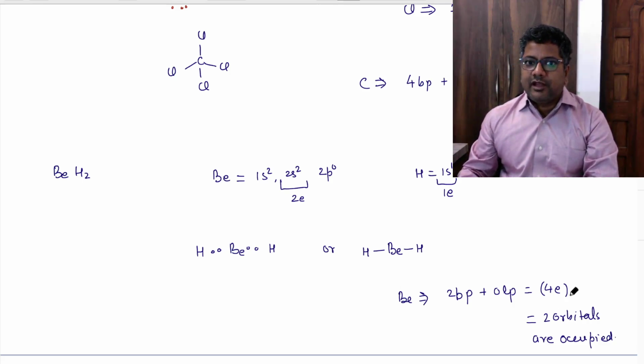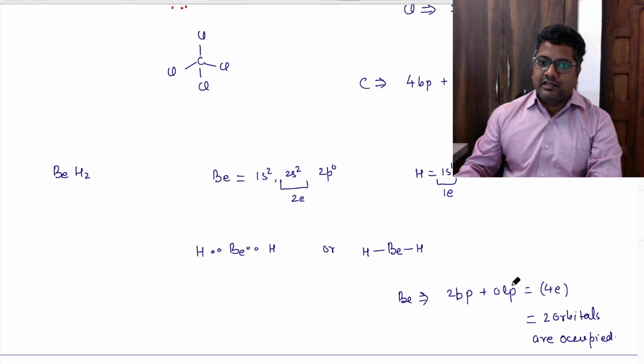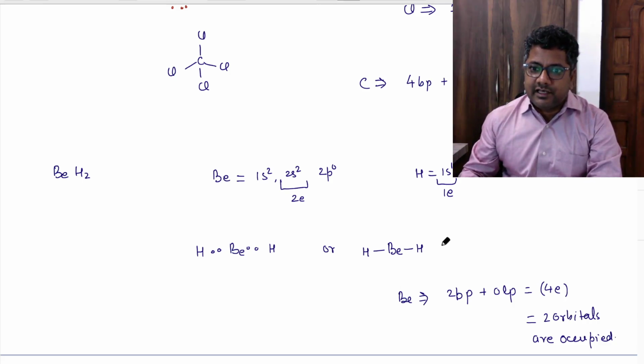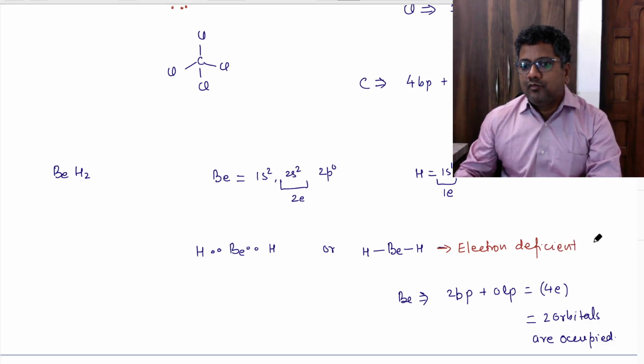So there are 4 electrons in the valence shell here. So you can say this is an electron deficient molecule.